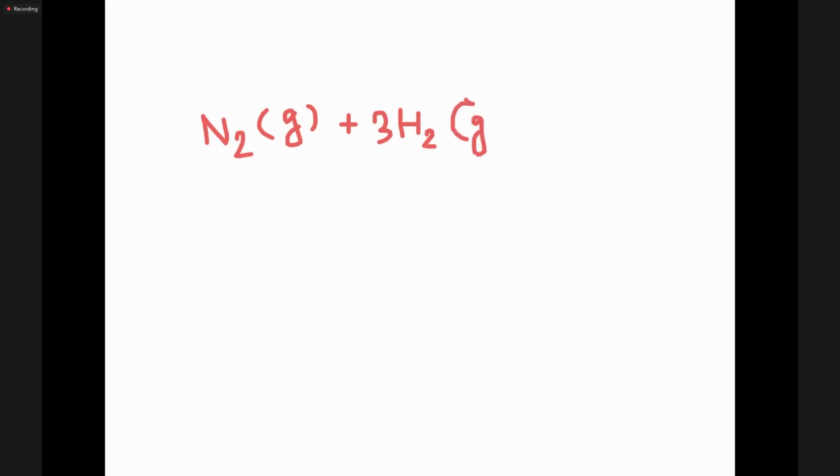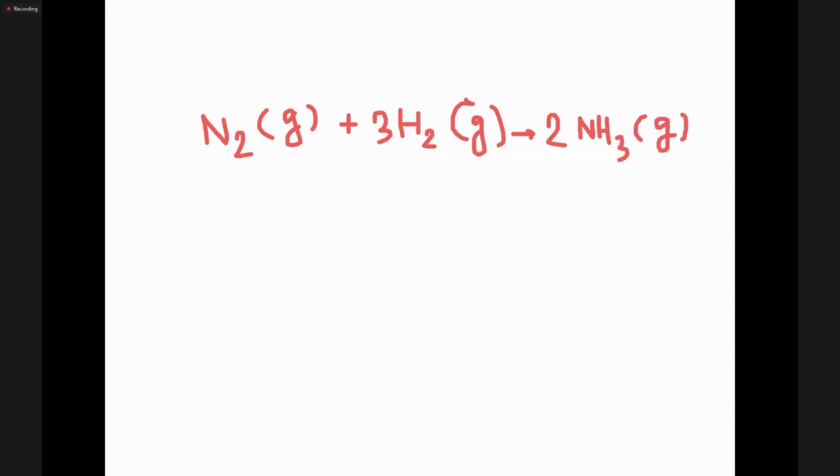So for example, if we take this classical reaction of N2 gas plus 3 moles of H2, which is also a gas, and it produces 2 moles of ammonia, which is also a gas.